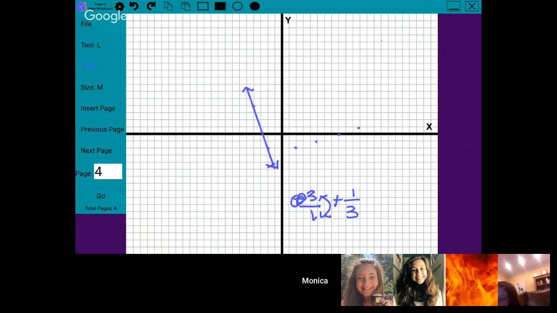And then just connect your points. And you should carry this line through. Mine didn't go through. And there, that's how they intersect at a 90-degree angle.